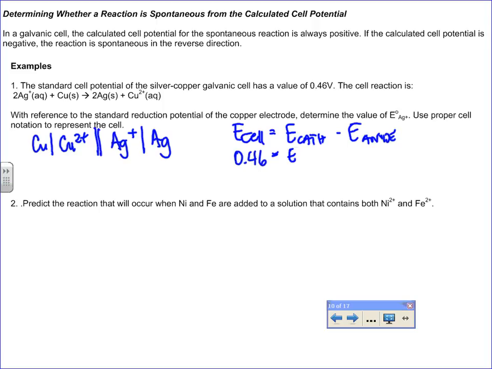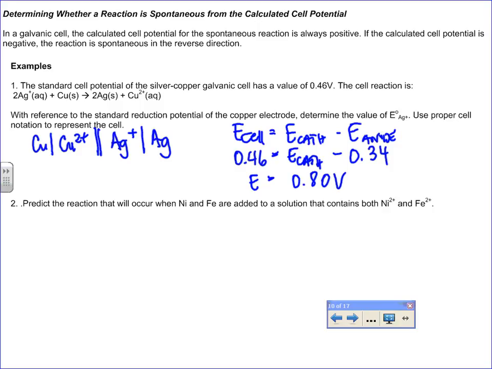So that's our unknown, and we know from our previous example that the anode has a reduction potential of 0.34. So this shows us that the reduction potential of silver is 0.80 volts. And if you look at the standard reduction potentials, you'll see that that is the case.